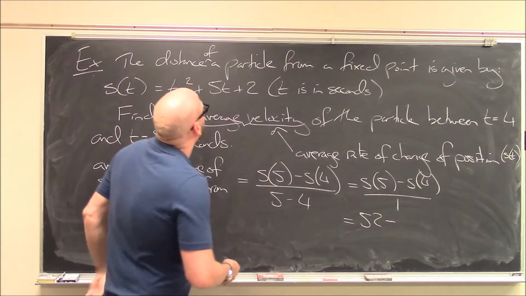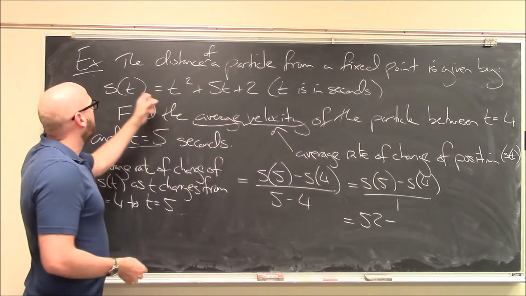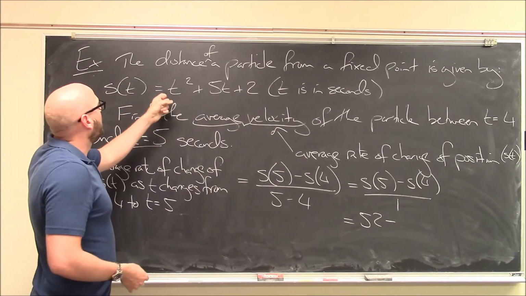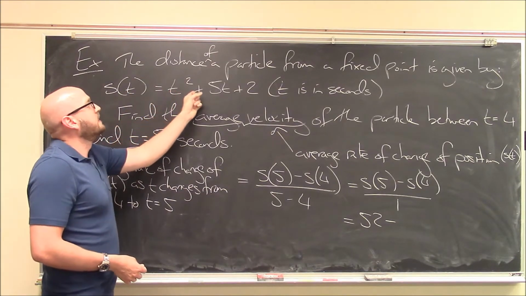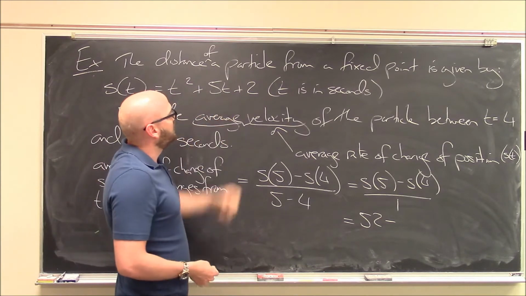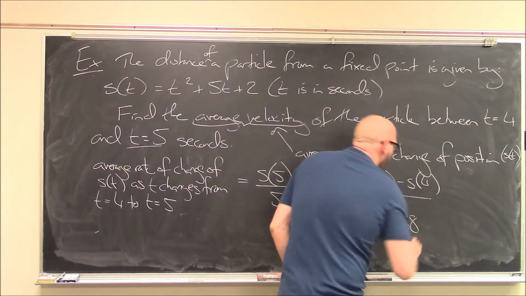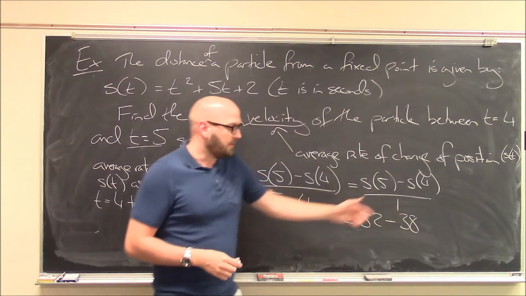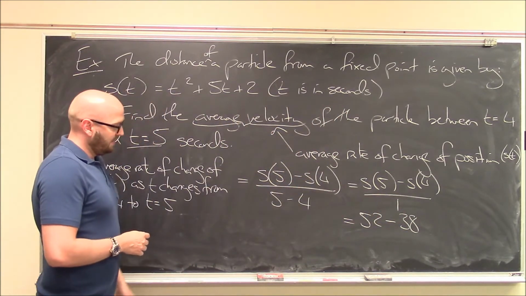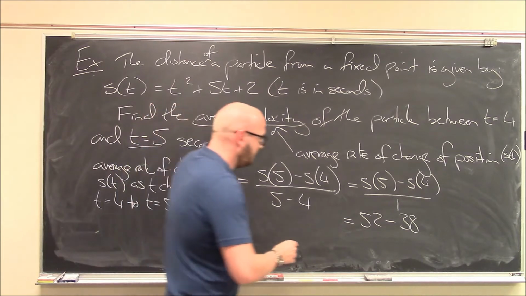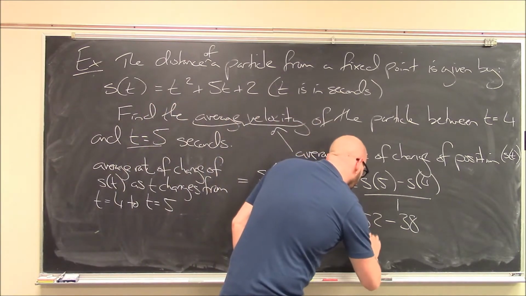Minus s of 4. How far away from the point is it at 4 seconds? Well, it's 4 squared, 16, plus 20, plus 2, that's 38. So time t equals 4 was 38 units away from this fixed point. Which is what? 52 minus 38 is 14.